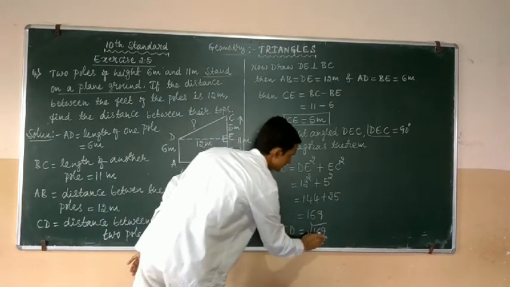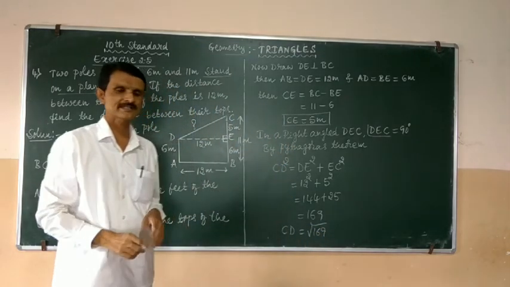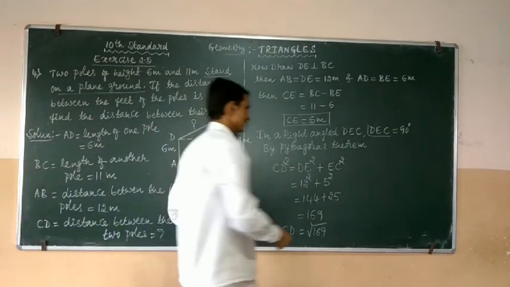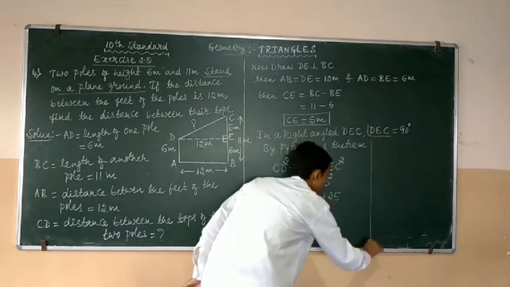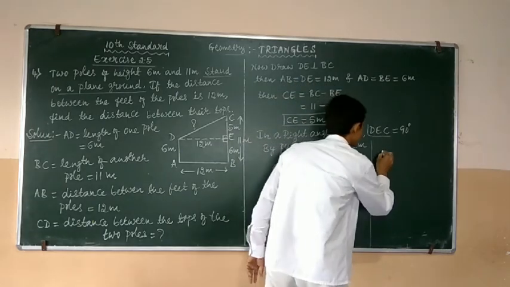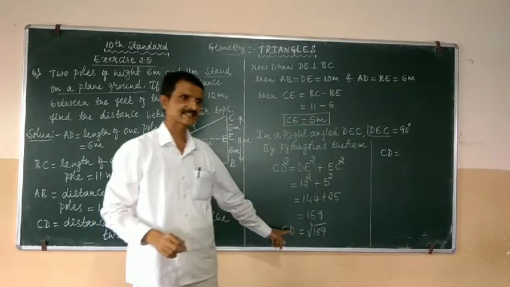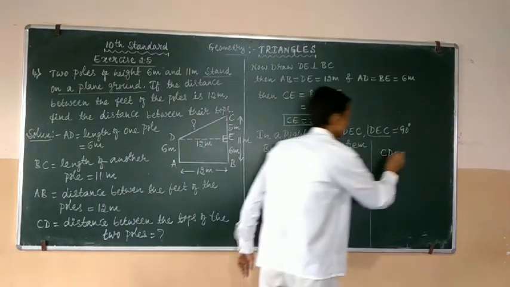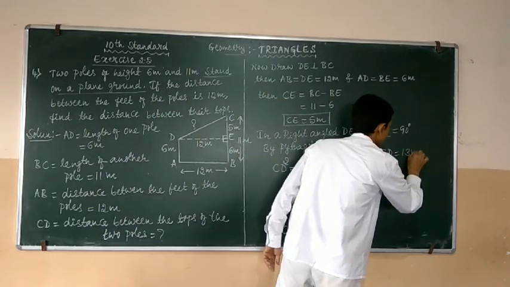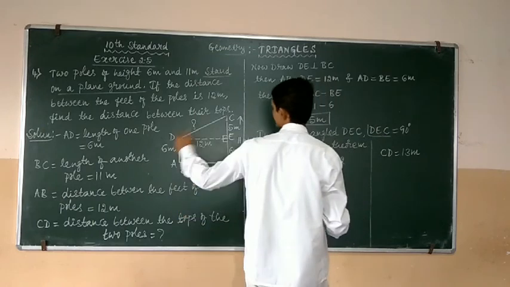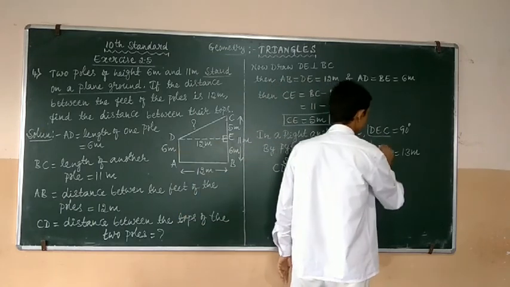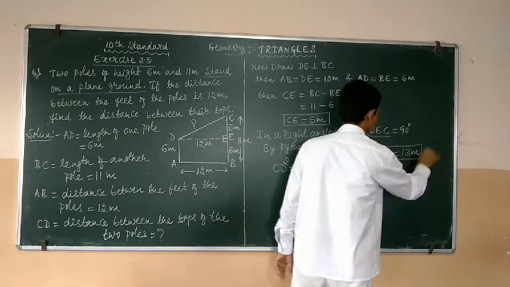169 is a perfect square number, and the root of 169 is 13. So CD equals 13 meter.